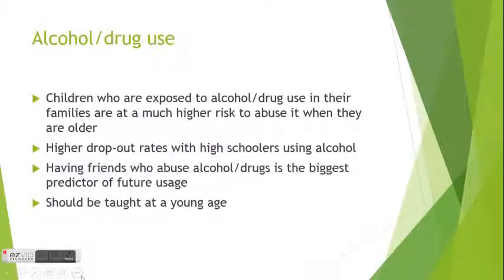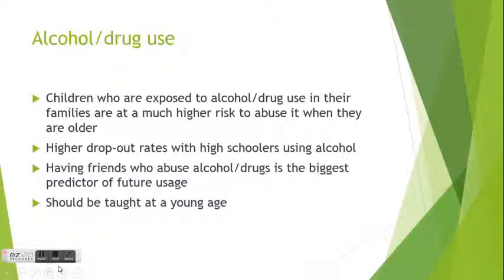Just like with tobacco use, alcohol and drug use also have a much higher dropout rate with students who are using them. So students should be taught at a young age what is appropriate and what is not appropriate, such as abusing alcohol, even if you are 21 or older, and drug use at all should really be frowned upon and taught.